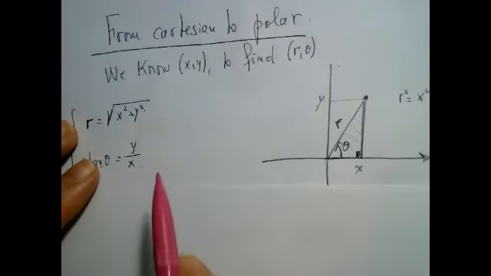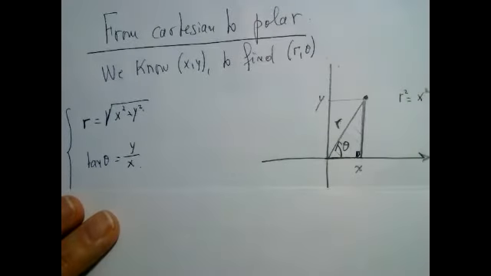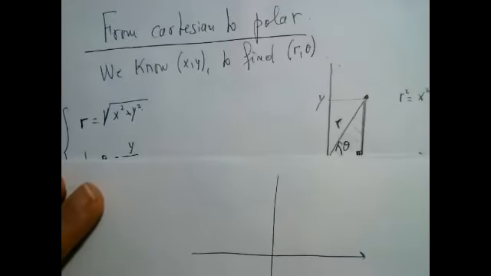So theta will be the arctangent, but there is a problem with using arctangent immediately. And the problem is the following. My theta could be in the first quadrant. My theta could be in the second quadrant.